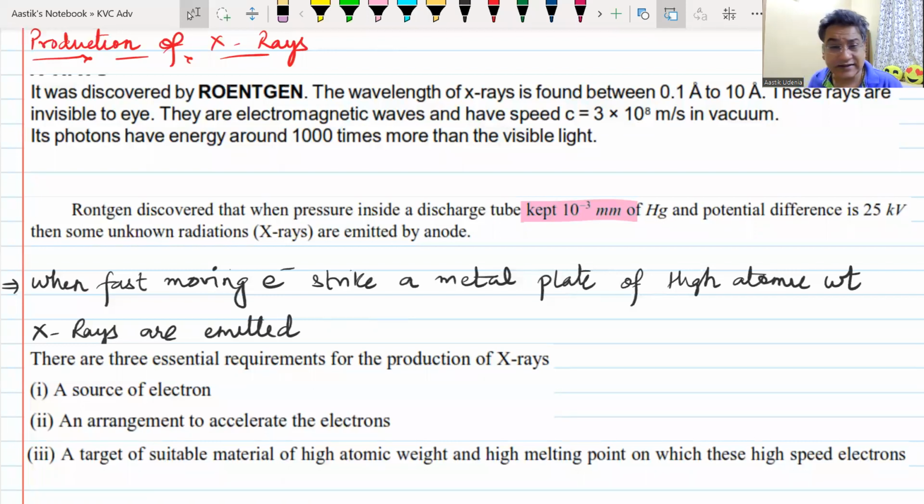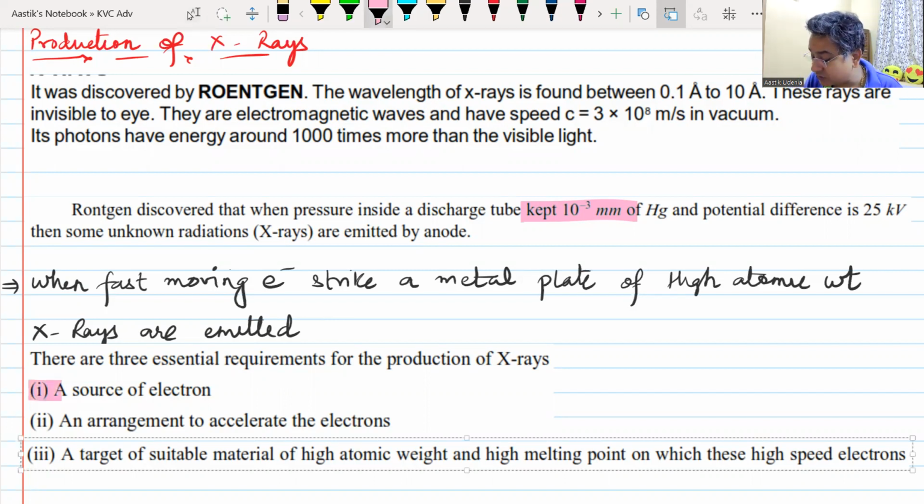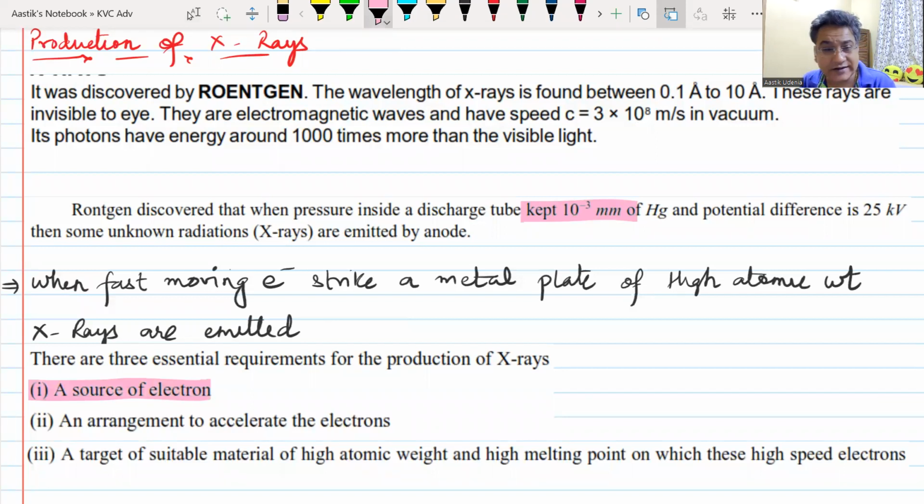So to produce X-rays, I need high speed electrons. First of all, I need electrons, so I need a source of electrons. Then I want them to be of high speed. Therefore, I need an arrangement to accelerate the electrons. And how am I accelerating these electrons? I'm accelerating these electrons with a high potential difference.